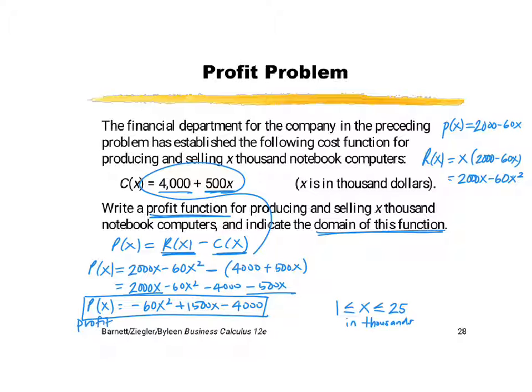So this is our domain. We'll do it in set builder notation, and I'll go ahead and add the other one, or the domain is given as 1 to 25 in thousands.